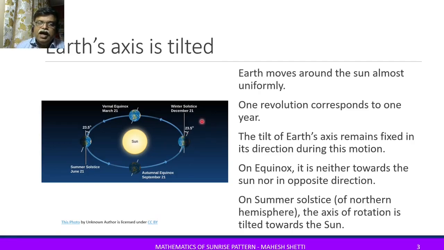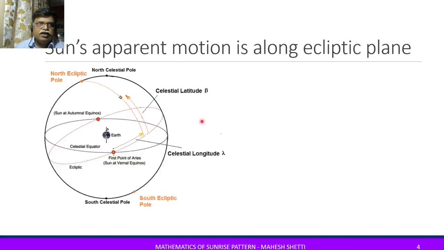Now we'll see how this causes the relative motion of the sunrise shifting in different mathematical steps. So the sun's apparent motion is along the ecliptic plane, and the Earth's rotation axis, if you consider, perpendicular to that is the equatorial plane.